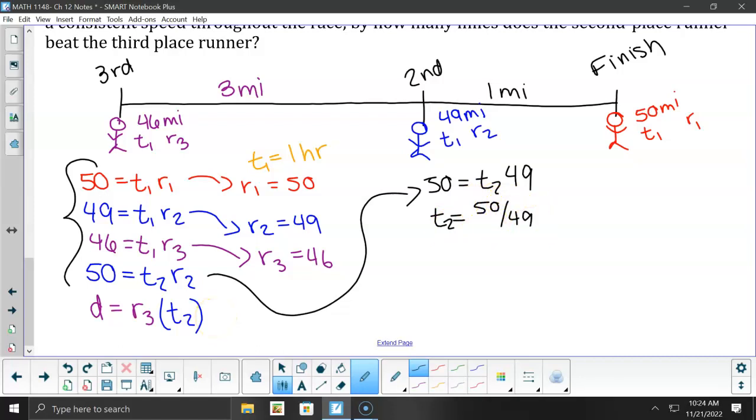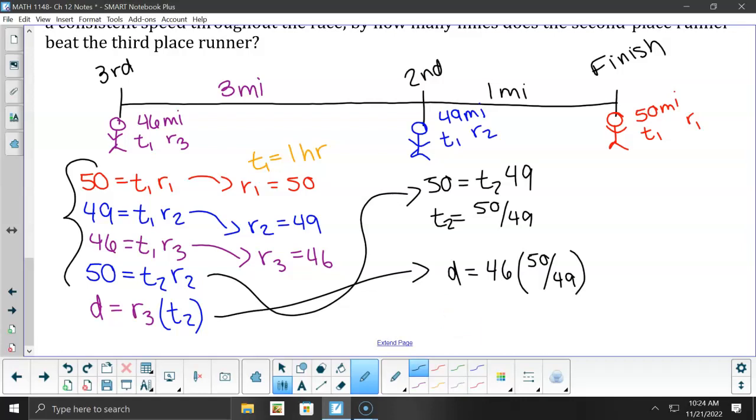And then can I now mess with this bottom formula here? Because I figured out rate 3. So whatever that distance is equals rate 3, so that's 46, times 50 over 49. So what does that give me?